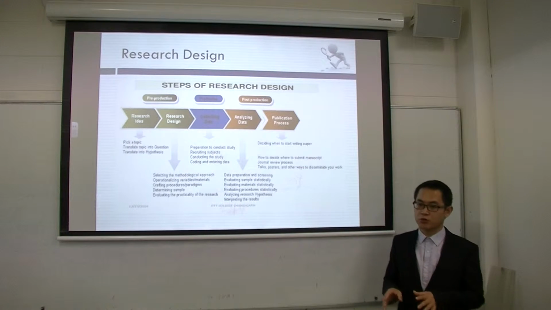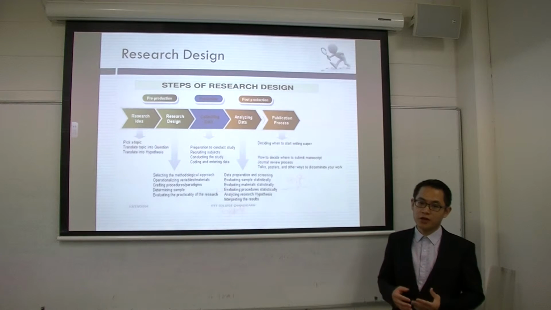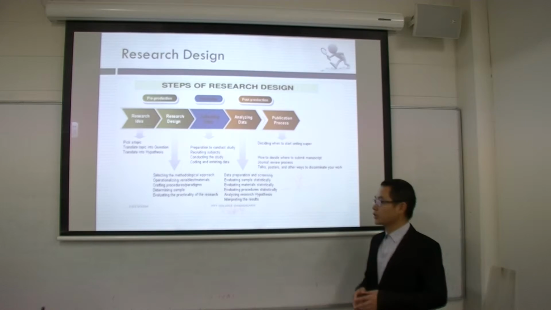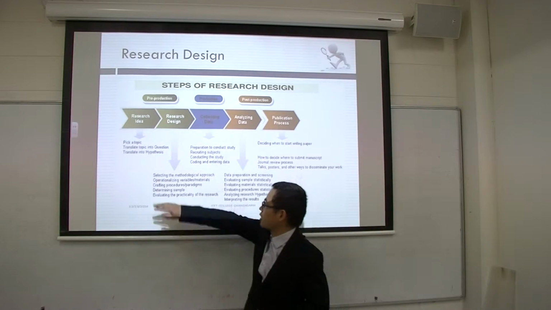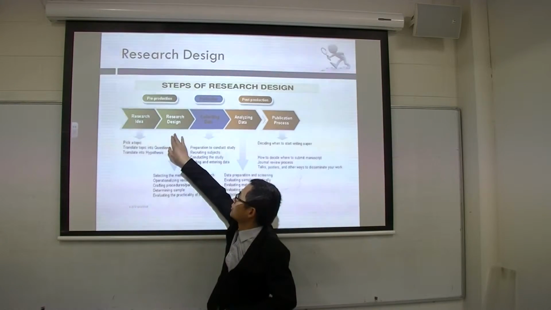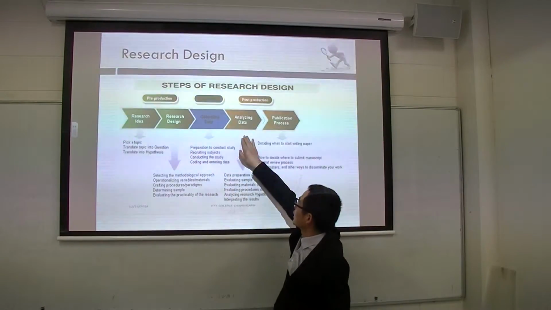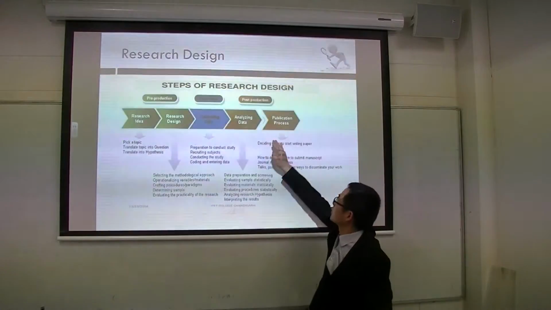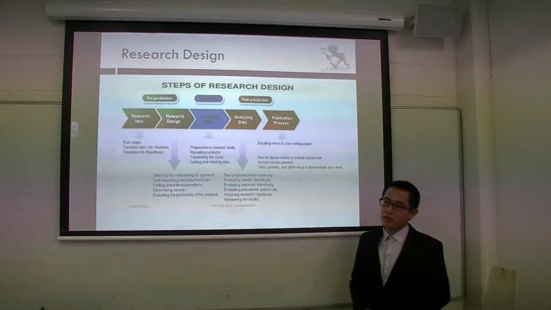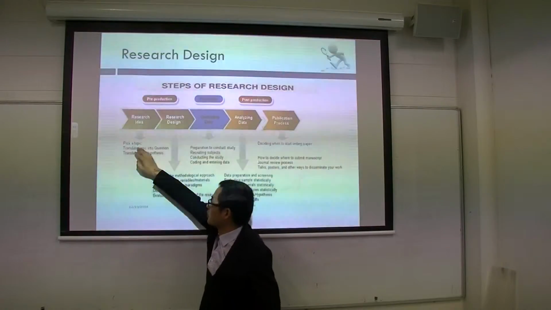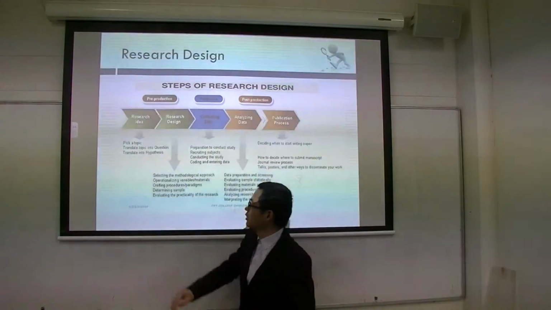Before we solve this problem, our research design. In my research design, I included 5 parts. The first part is research ideas. The second part is research design, and then collecting data, analyzing data, and the publication process. The first part is the research topic and the hypothesis.